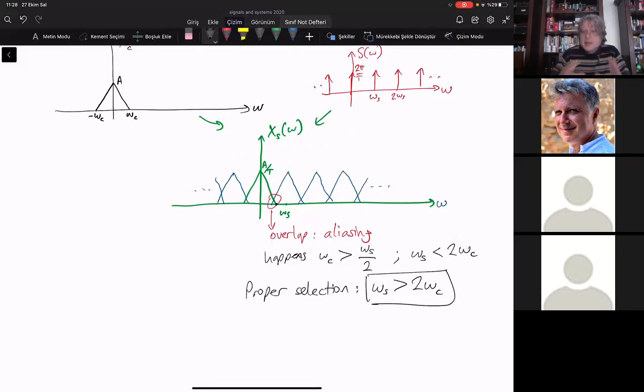And this proper selection limit is also known as the Nyquist limit, or this limit actually is the Nyquist frequency. So you must sample above the Nyquist frequency or the Nyquist rate, which is twice the highest frequency of the signal, that is omega c. You must sample at more than twice omega c.